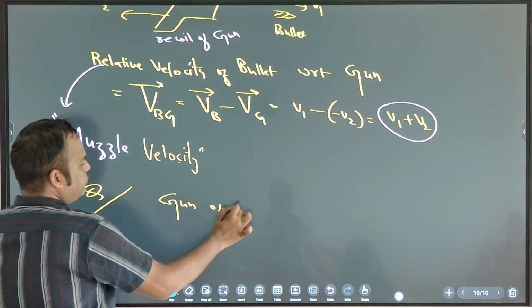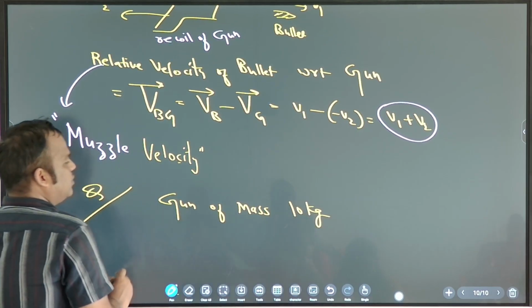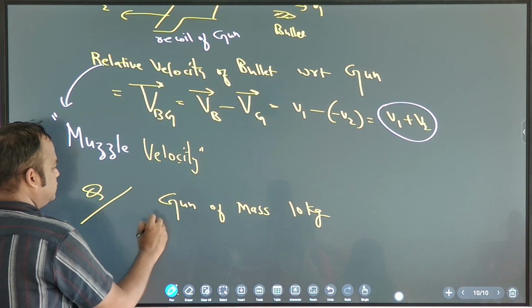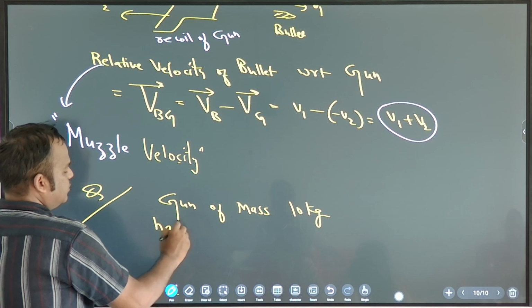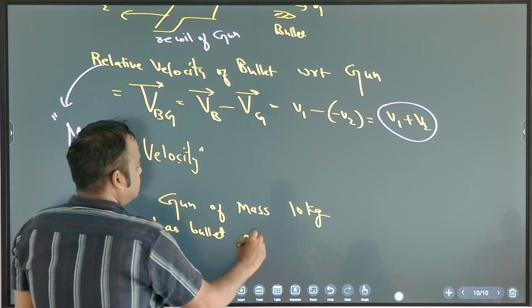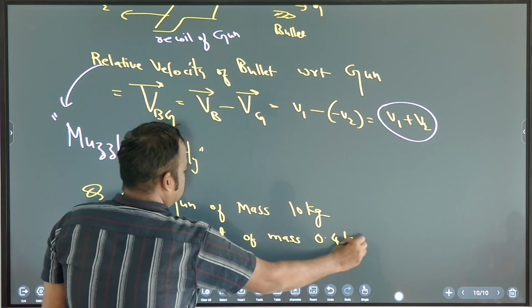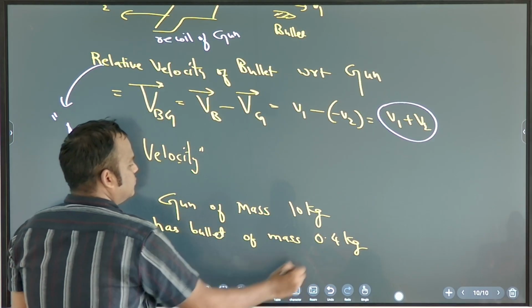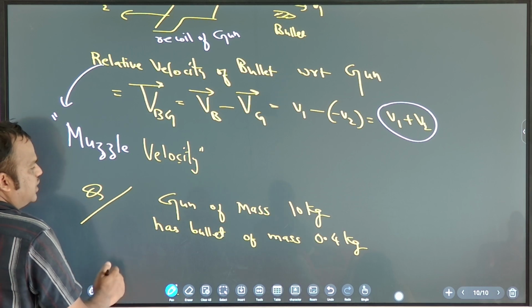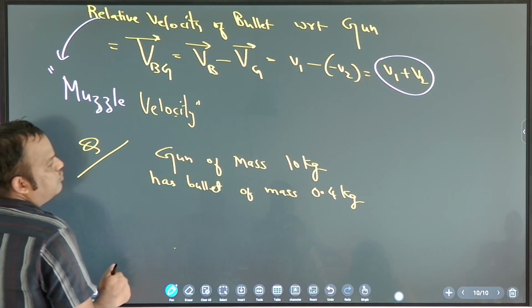Solve one question. Gun of mass 10 kg has bullet of mass 0.4 kg.